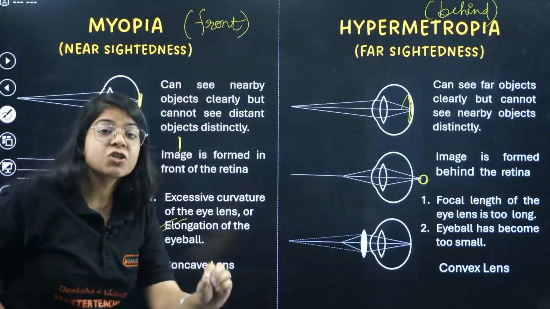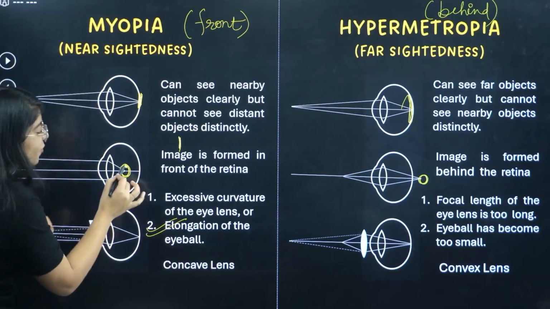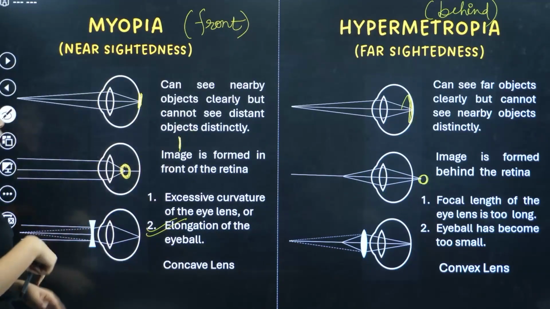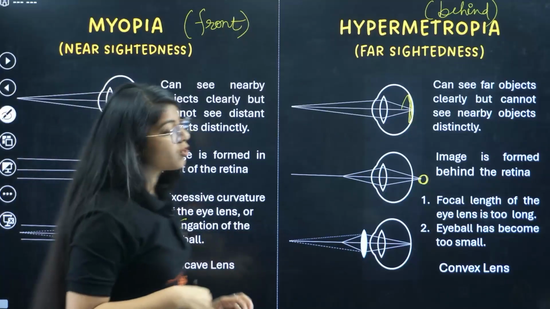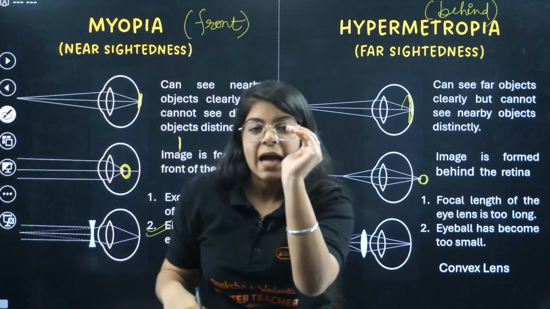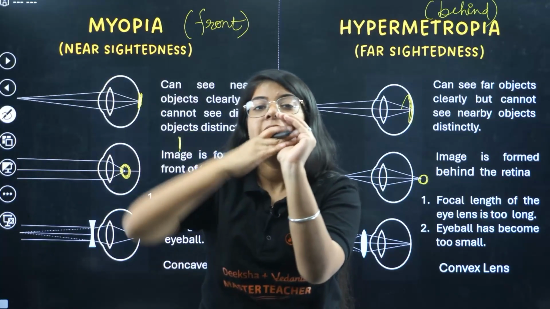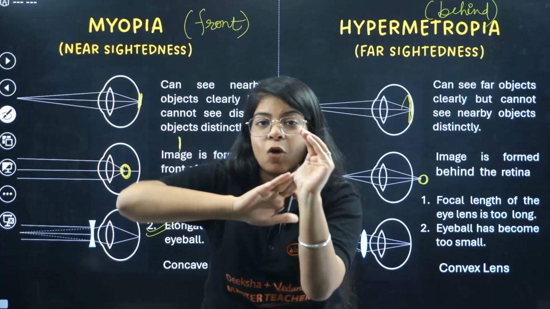So elongation of the eyeball is one case when the image is forming in front of the retina, or excessive curvature of the eye lens. That means the curvature of the eye lens increases, it is more curved now.